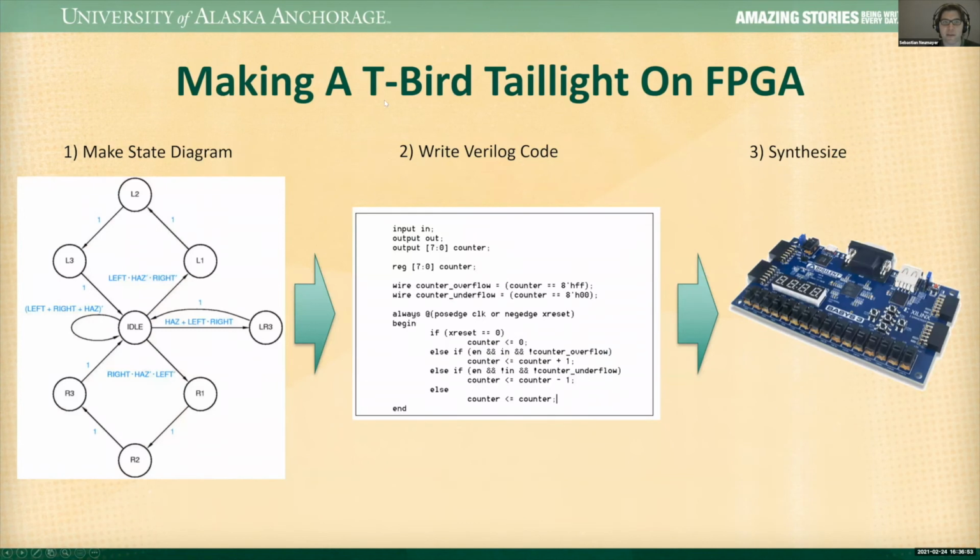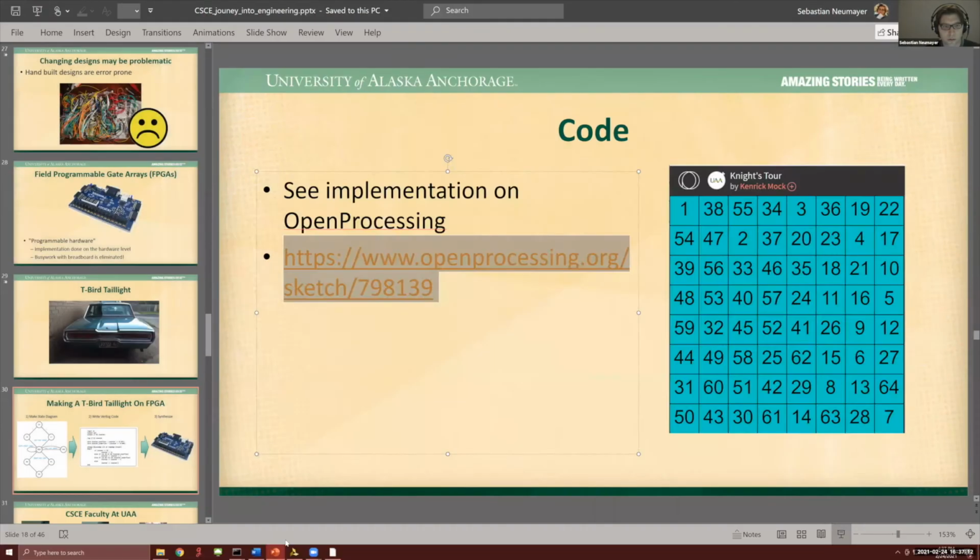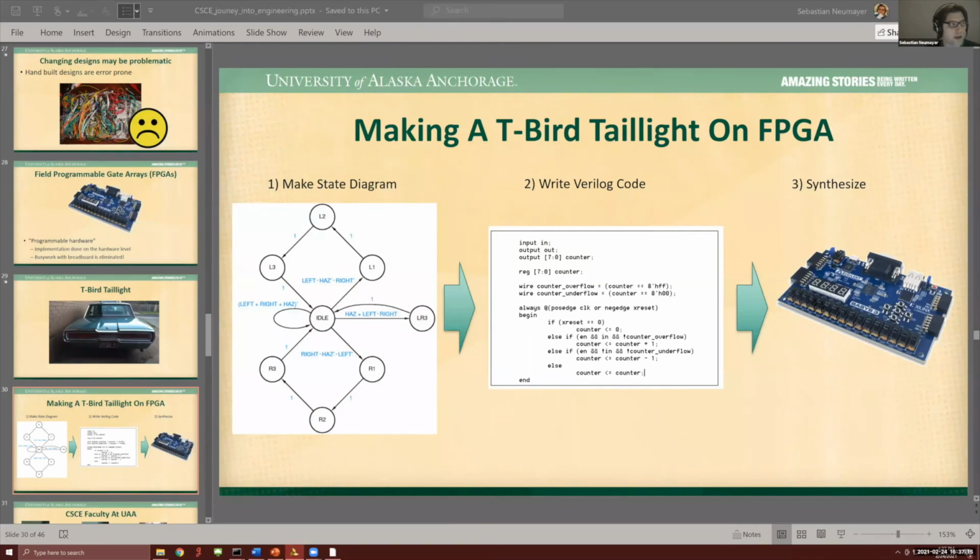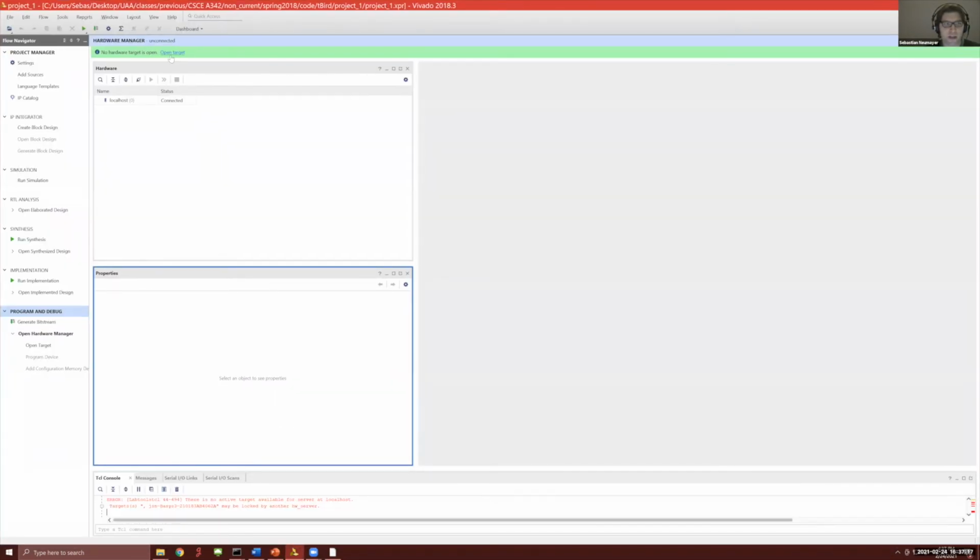And so to make the T-Bird tail light, you would first make a state diagram. And then you would take that state diagram and write the corresponding Verilog code and then synthesize it to the board. And so to show you the end result of this, I'm going to switch over to the program, which allows me to synthesize.